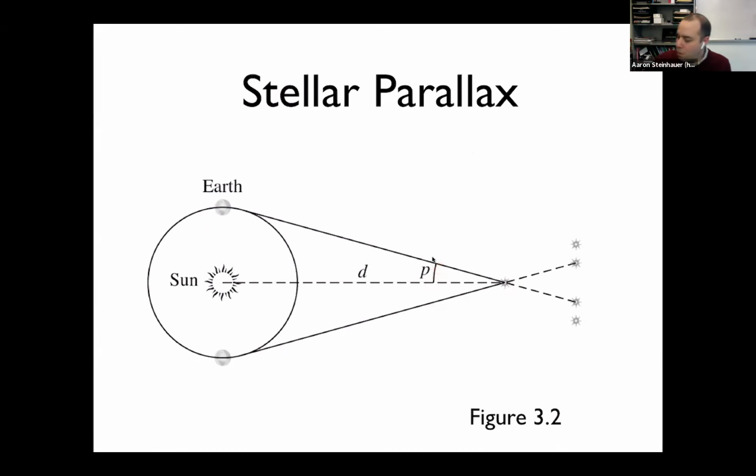When we're in 2 different locations 6 months apart, a star will appear in 2 different places in the sky. You can measure the angular difference between where that star is at one point in the year and 6 months later. That total distance is twice what we're going to call the parallax angle. So the parallax angle is exactly half of the total distance that those stars seem to be moving.